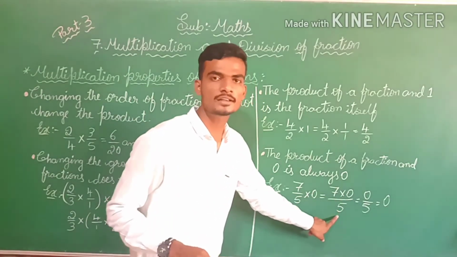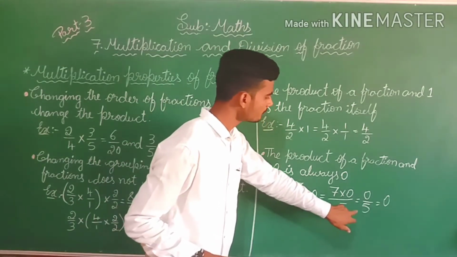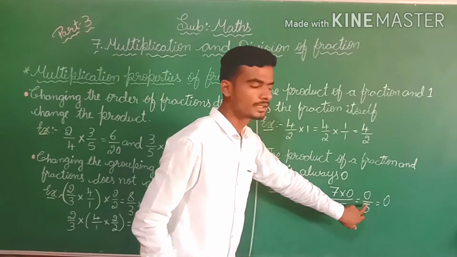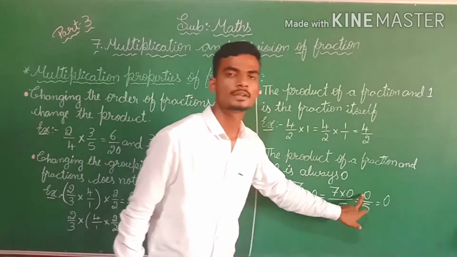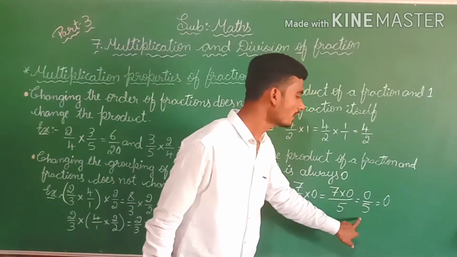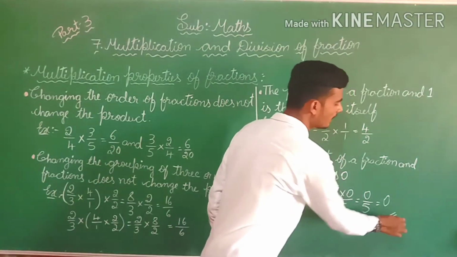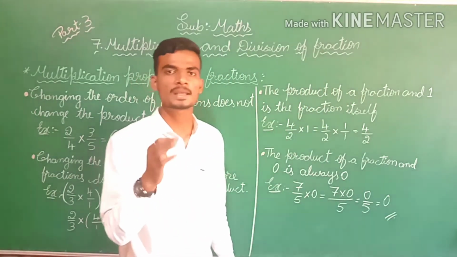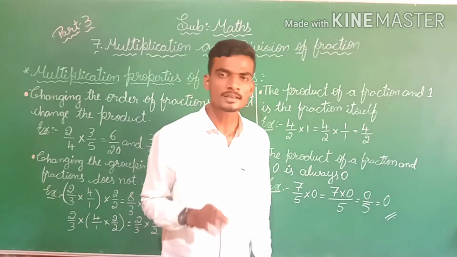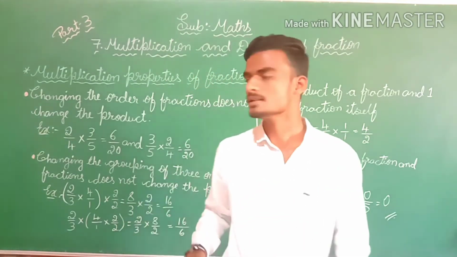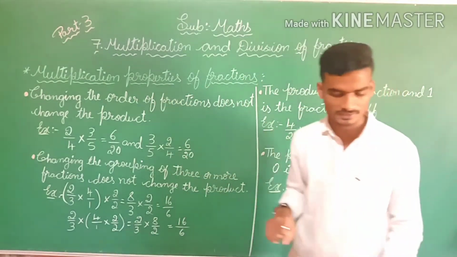The denominator will not change, it will remain the same. Then 7 zeros are 0, divided by 5. 0 divided by 5, you will get the product as 0 itself. If a fraction is multiplied with 0, the product will be 0 itself. This is all about the multiplication properties of fractions.